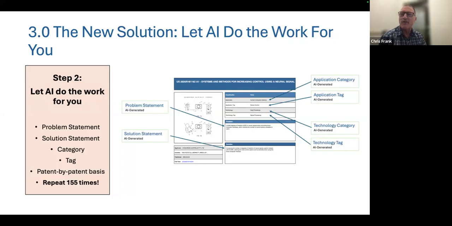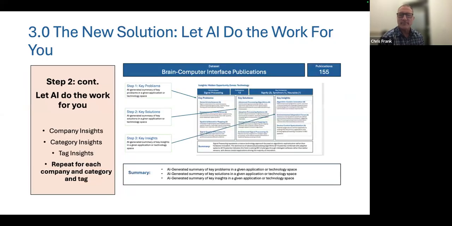Is it sensing or is it interpreting, and so on and so forth. So I actually have two different groups of categories and tags that I'm using as well. So I just sit back and I let AI do all of that work for me and give me my problems, solutions, and categories. And then it doesn't end there.